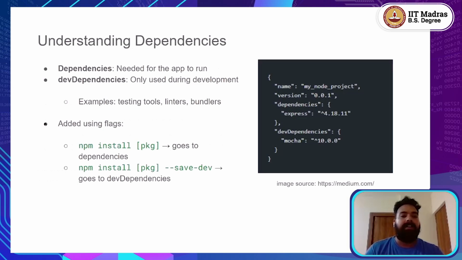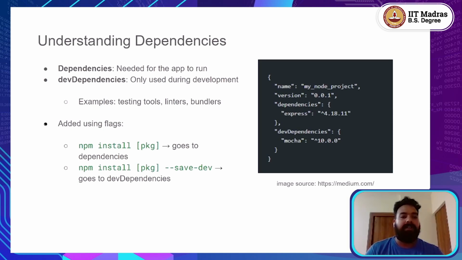To dive a little deeper, let's clarify the difference between dependencies and dev dependencies. Dependencies are those packages your application actively uses when it's running. For example, if you're building a web app and you're using a library like React, that's a runtime dependency. On the other hand, dev dependencies are only used during the development process.